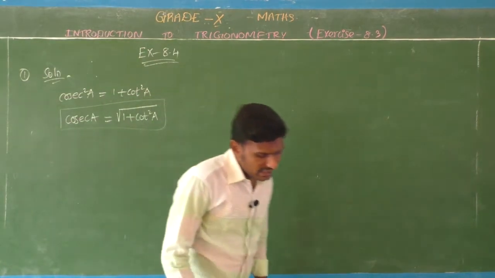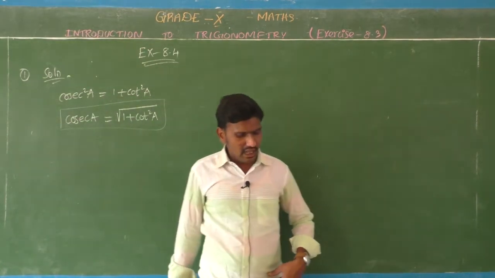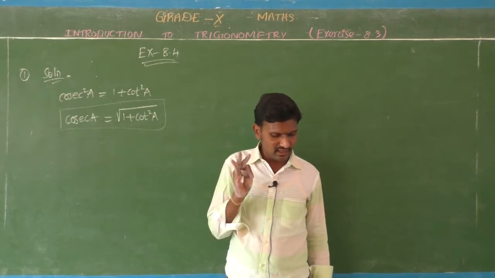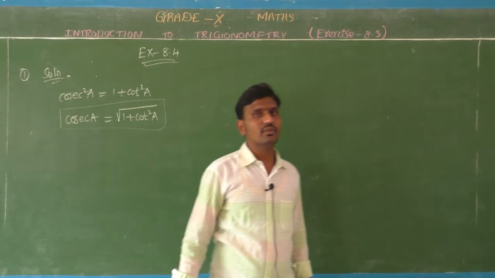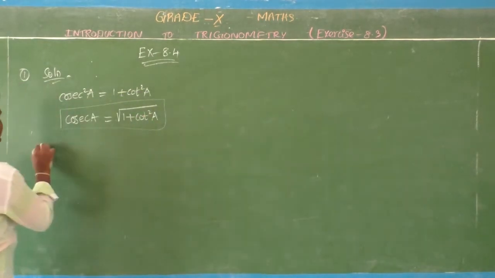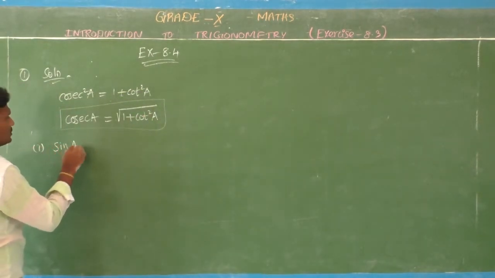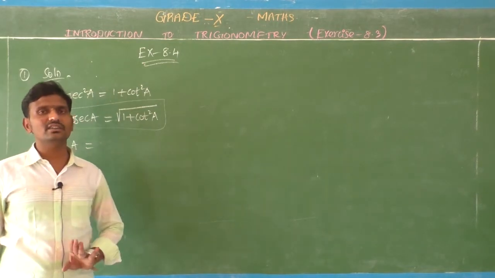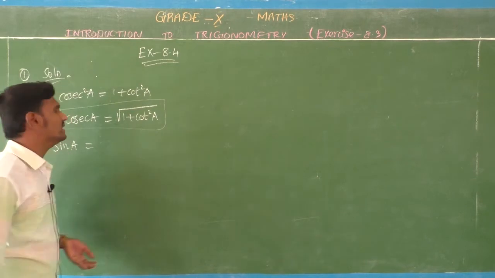Okay, but in our question they are asking to find sin A, secant A and tan A. So first I am going to take sin A. Already you know the reciprocal of sin A. What is the reciprocal? Cosecant.